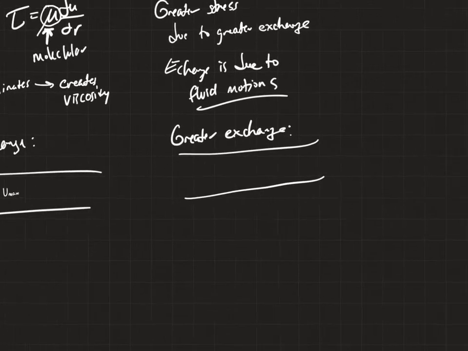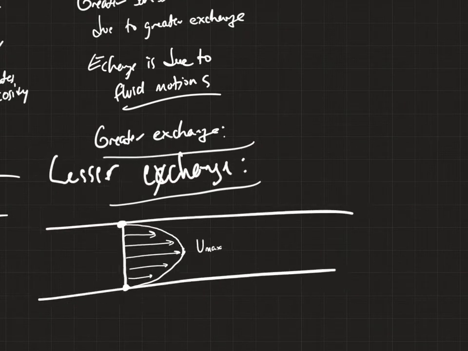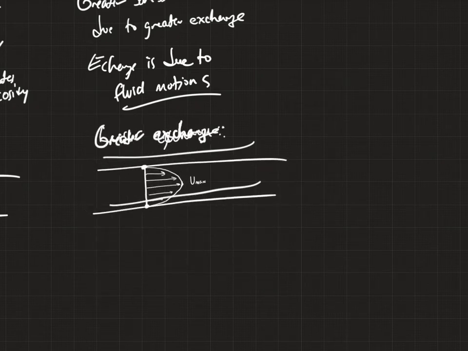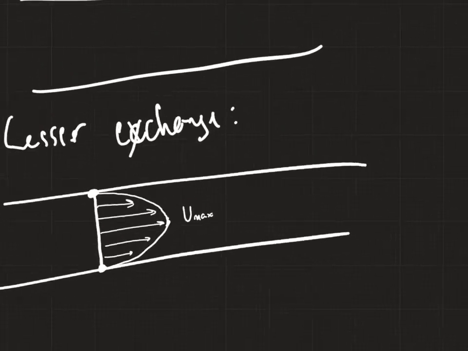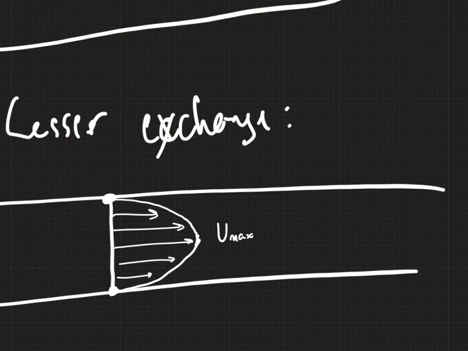So here's my greater exchange. I'm going to paste it right there. Whoa, that's way too big. Okay, so let's put it on top of the greater exchange. Anyway, it doesn't matter. All right, so as the exchange increases, I'm going to do this in another color. Hopefully you can see the colors.